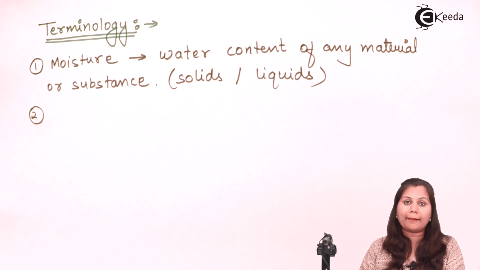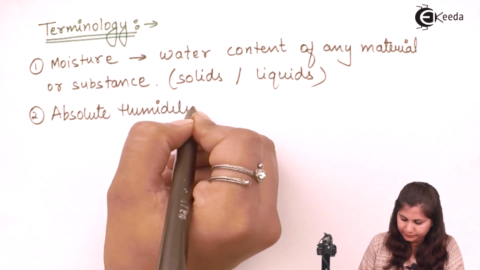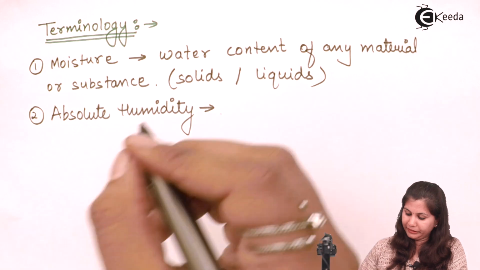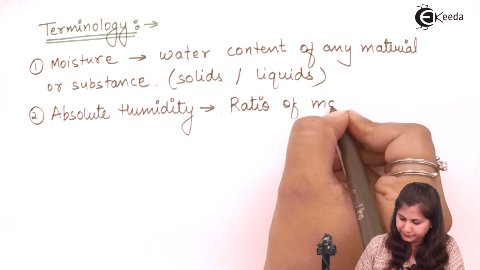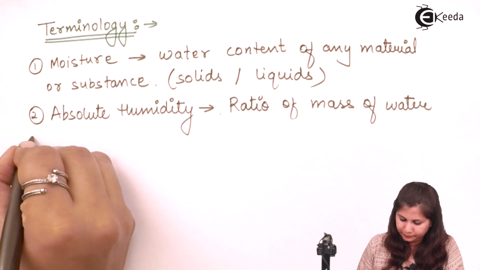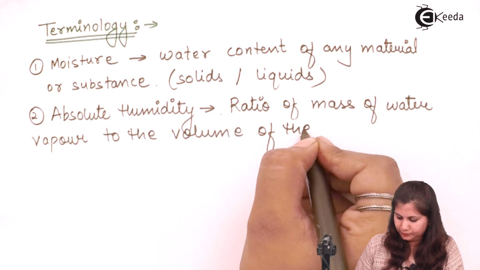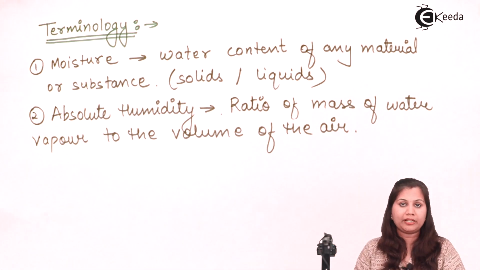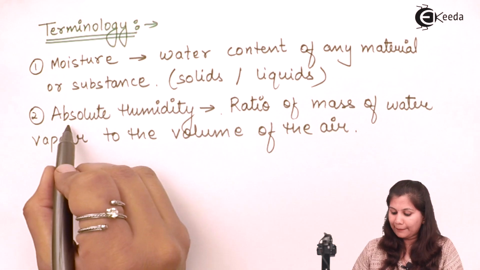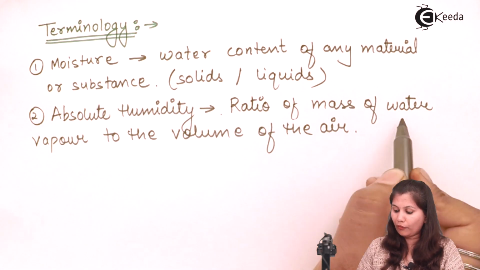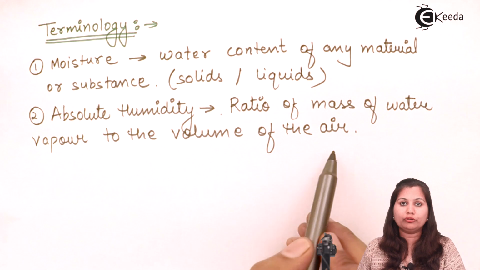Now the next term is absolute humidity. Absolute humidity is defined as the ratio of the mass of water vapor, that is the amount of water vapor, to the volume of the air. So humidity, we are measuring the amount of water content present in the air.